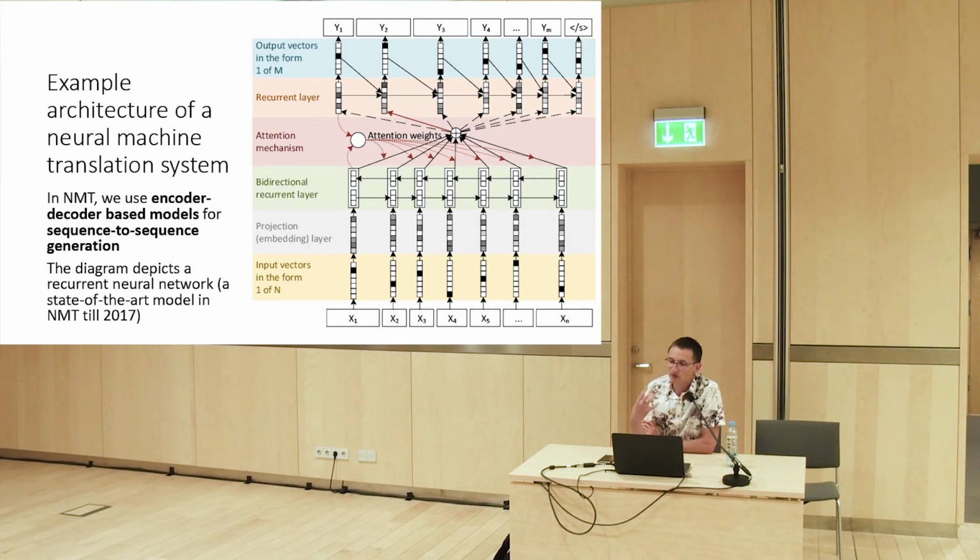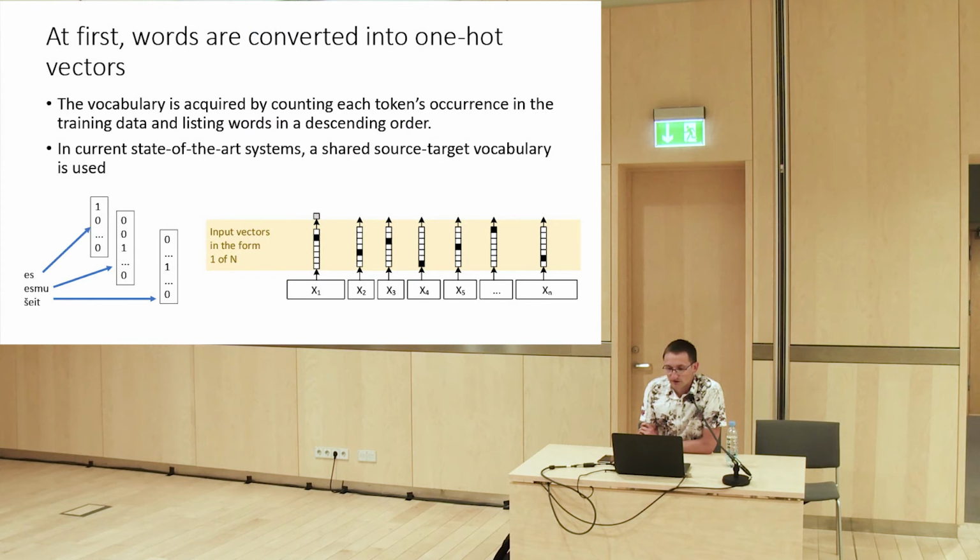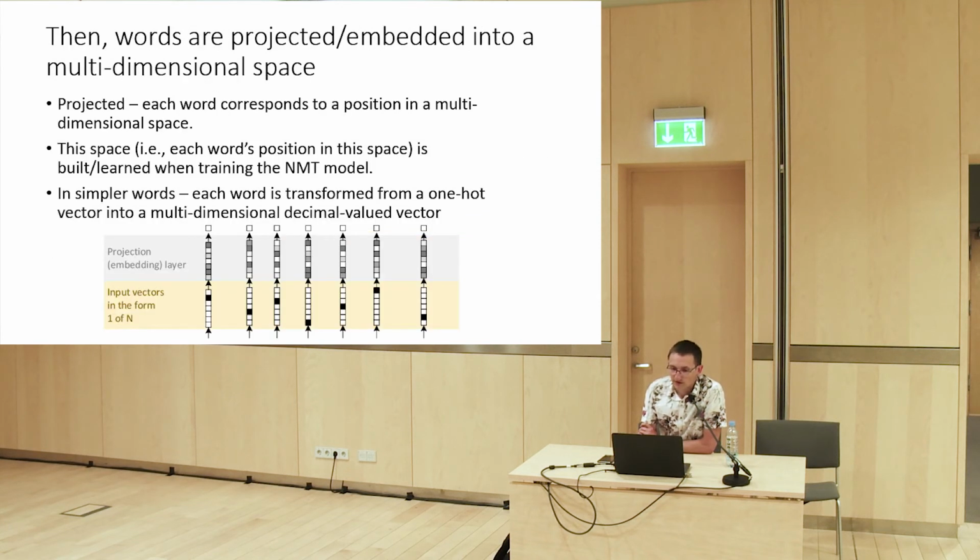Then from that internal representation, it decodes and produces a translation. Now let's see how that works. The first step is to transform all words into one-hot vectors. That we already covered. Then we project words into a multidimensional space, which is also an embedding space.